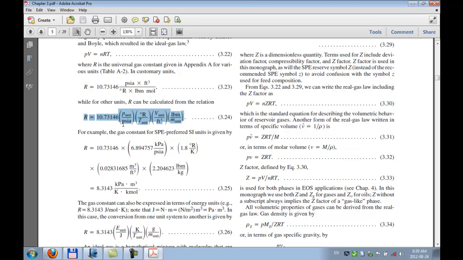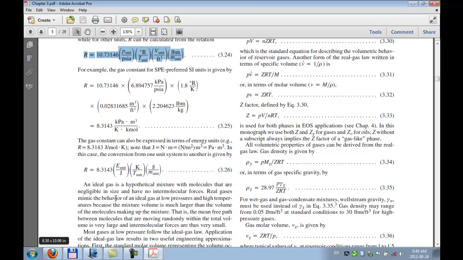You could go back through and use your Pascal and Kelvin and cubic meters and kilogram mole, and you could show that we end up with the 8314 number. It also shows you how to convert using the energy unit, energy, temperature, and mass.